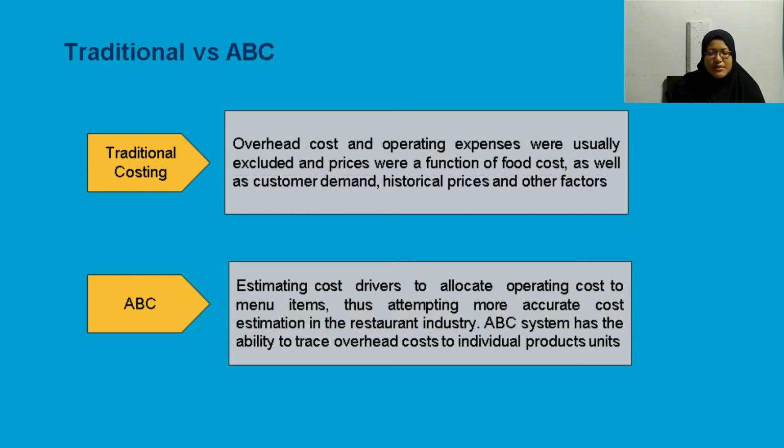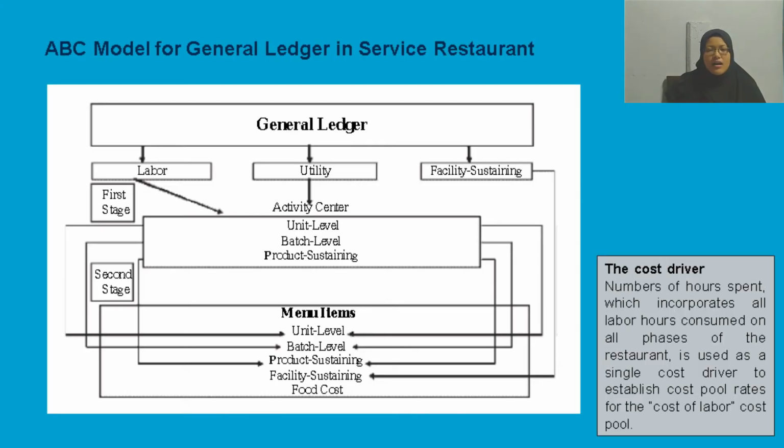For ABC, we can say it uses estimated cost drivers to allocate operating cost to the menu items, thus attempting a more accurate cost estimation in the restaurant industry. The ABC system has the ability to trace overhead costs to individual product units. From the ABC model we can see the general ledger.